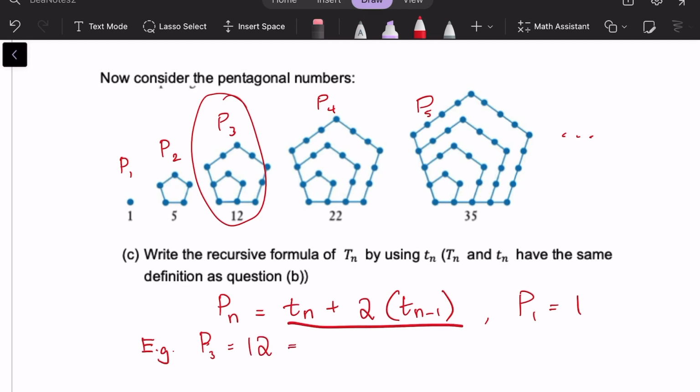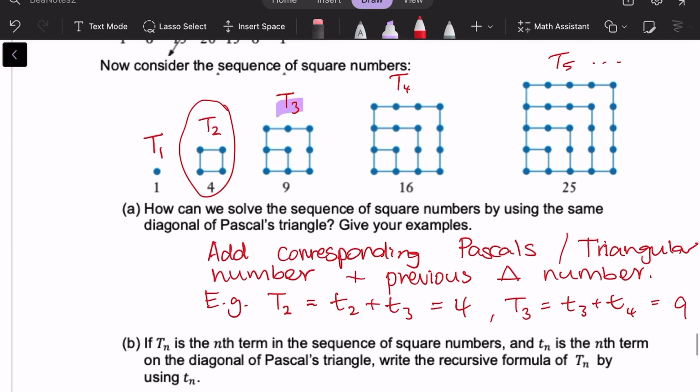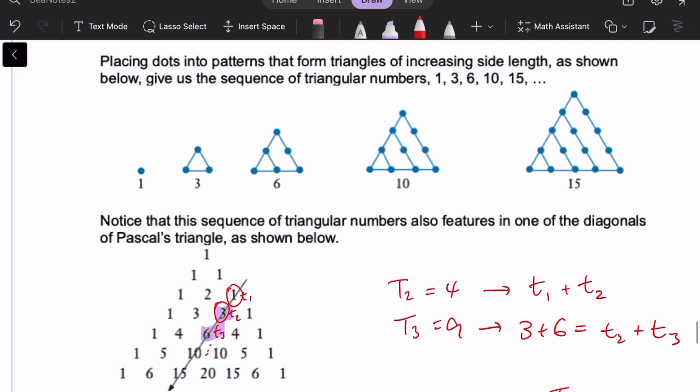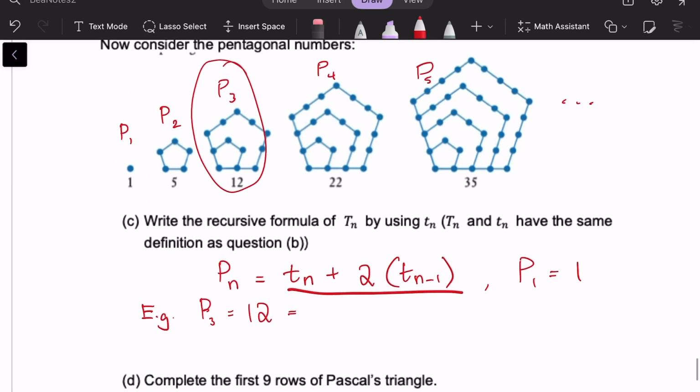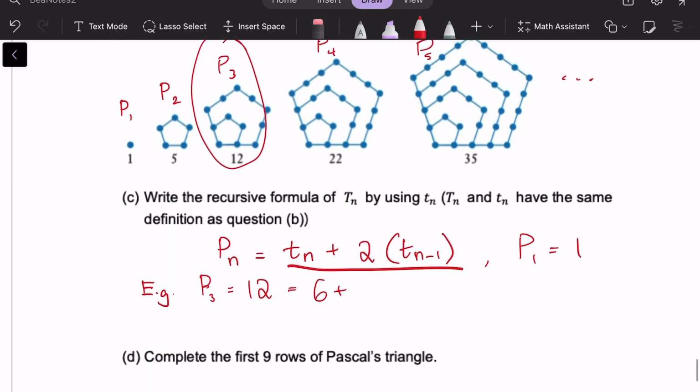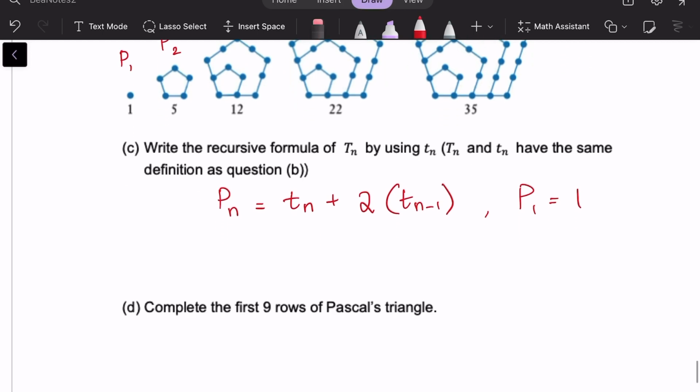Let's see if this works. So T3 up here is 6. So we're going to put 6, plus 2 times Tn minus 1, and Tn minus 1 was 3, and that does equal 12. So it works. I think I've tried it on all of them, so they just happen to work. So that was the identified pattern.